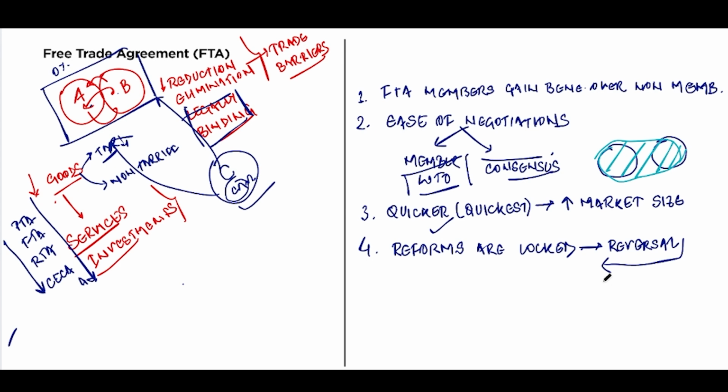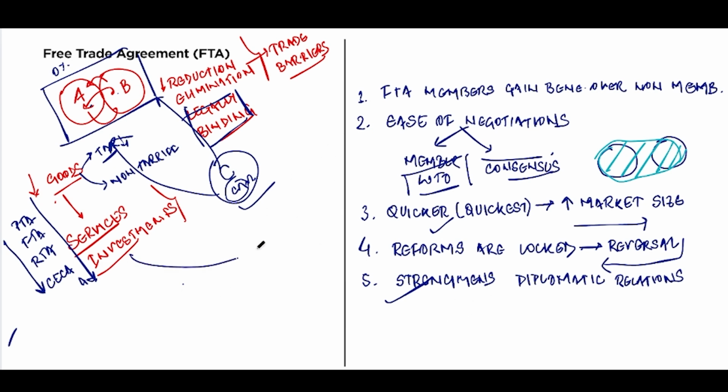So whatever India would agree to with the UK, and vice versa, whatever the UK would agree with India, that is locked in perpetuity. And in that sense, it is a way of modernizing the economy and the trade operations. Also, it has the effect of strengthening the diplomatic relation between the two countries, and it signals the openness of the countries to investors. And so overall, you can see there are multiple advantages to free trade agreements.